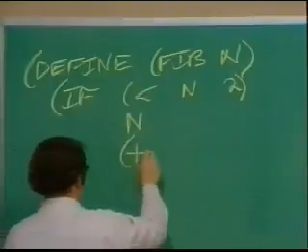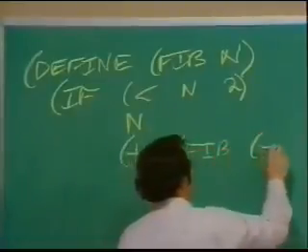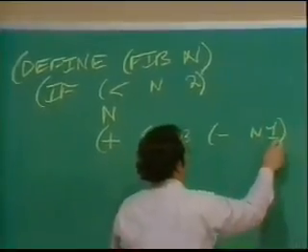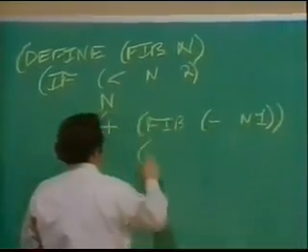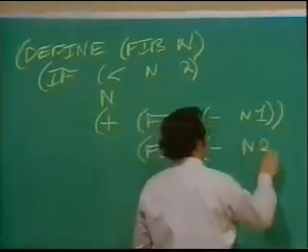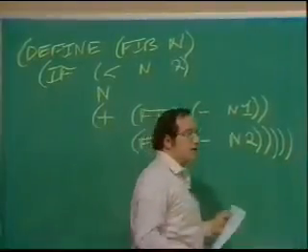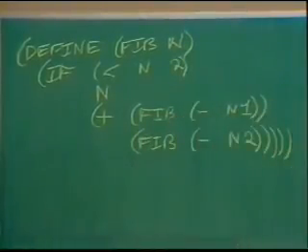Otherwise, it's the sum of fib of n minus 1 and fib of n minus 2.